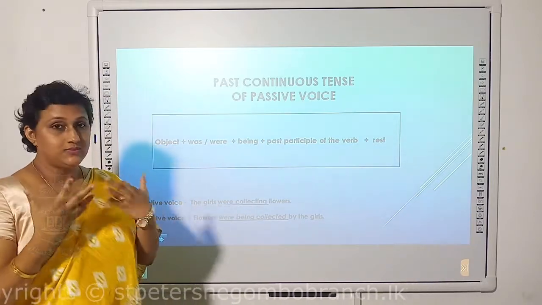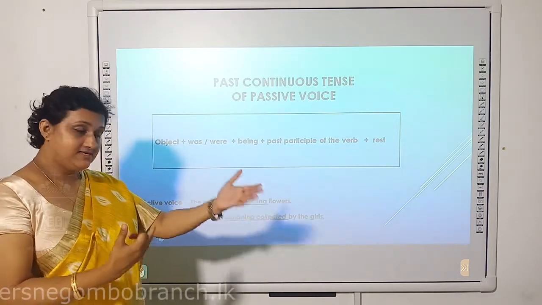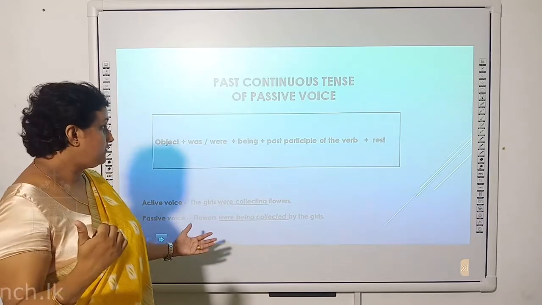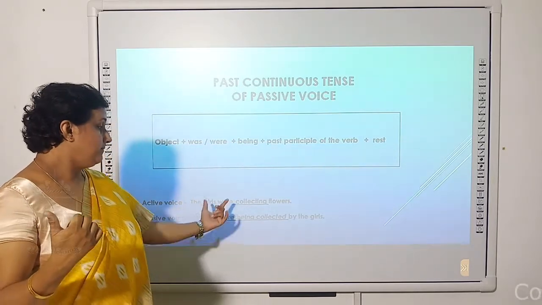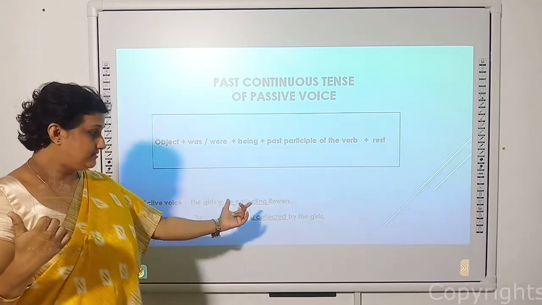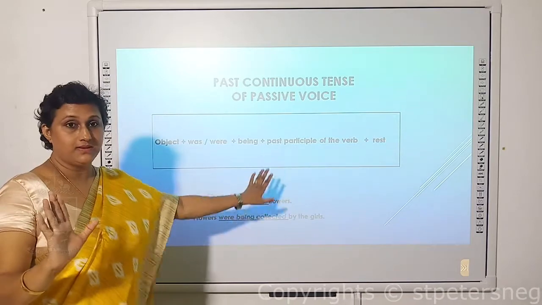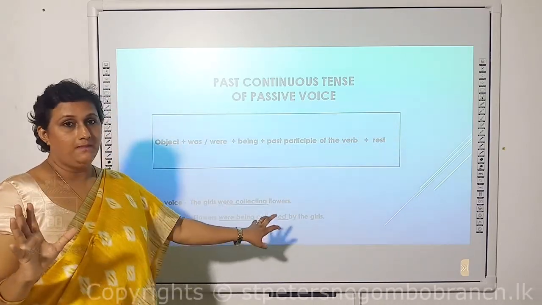The girls were collecting. The girls were collecting what? The flowers. So the flowers has to come to the top. Flowers, since it is plural, we have to use were, right? So flowers were being collected by the girls. This word collected is not the simple past but the past participle. So flowers were being collected by the girls.